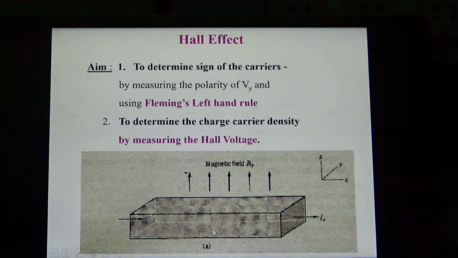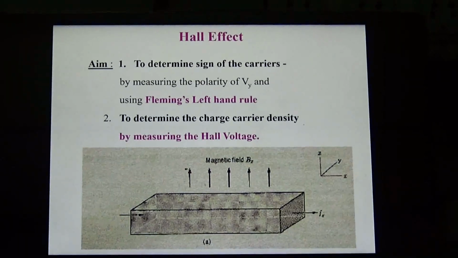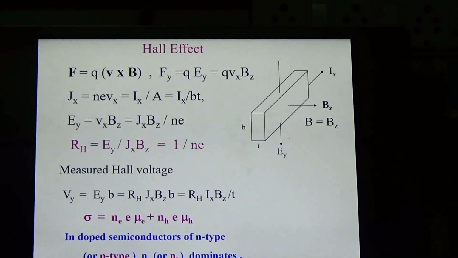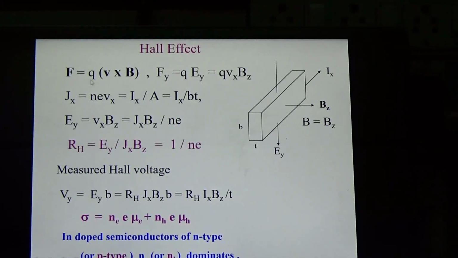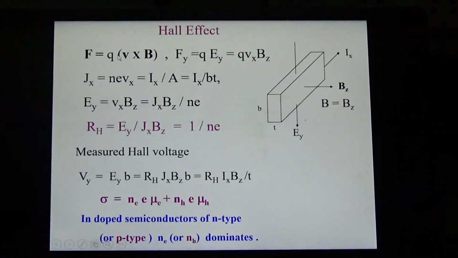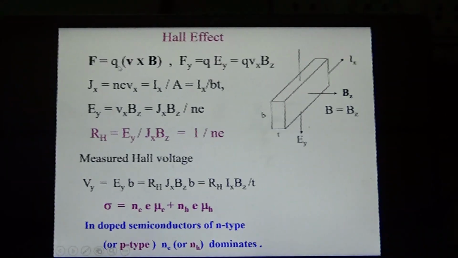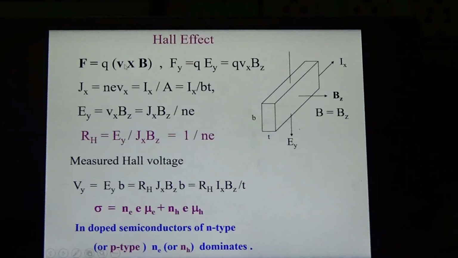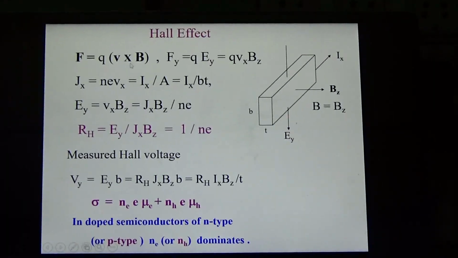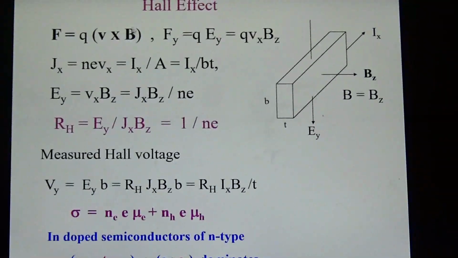This is coming because there is a Lorentz force which acts on the charge carriers. So the force experienced by the charge carriers in transverse electric and magnetic fields is given by Q, the charge, and V, the velocity of the electrons because of the electric field. V cross B is the applied magnetic field.